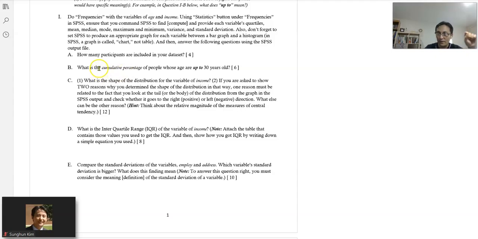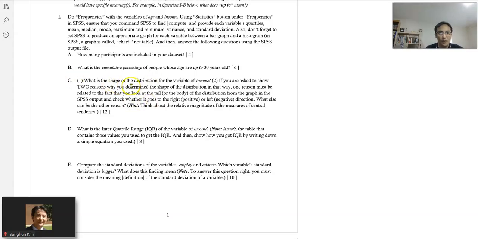You can find the number in one of the tables you've got in the SPSS output file. And then what is the cumulative percentage? Be clear about that, italicized, or here, look, like this, boldface font. You have to be clear about what you're being asked, right?